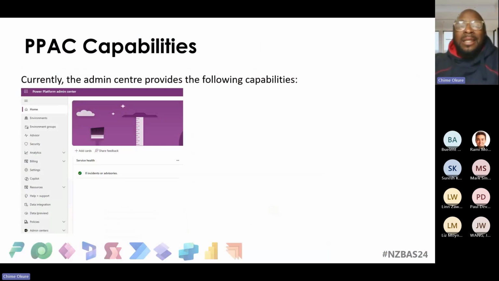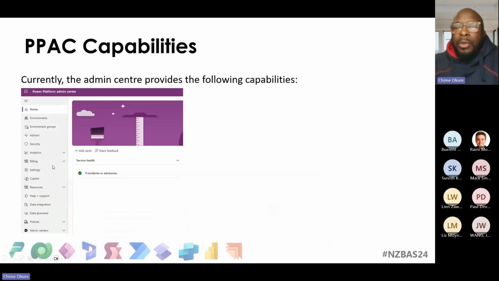We also have analytics now, so more of a detailed, high level view. I see that as a high level view, so kind of your metrics around your Power Platform applications. You can see some metrics on there.